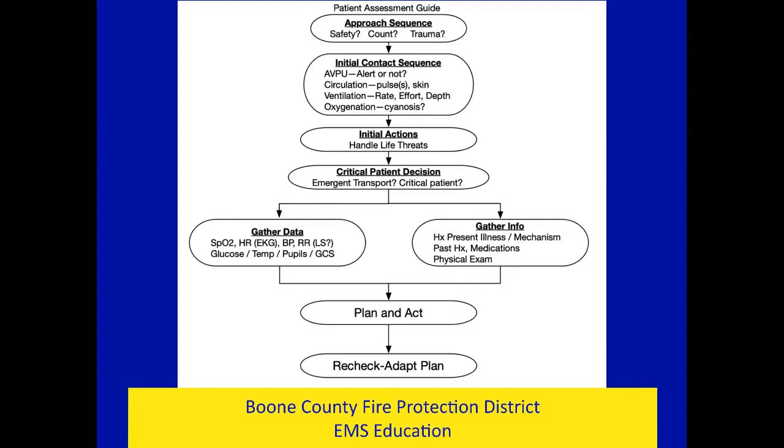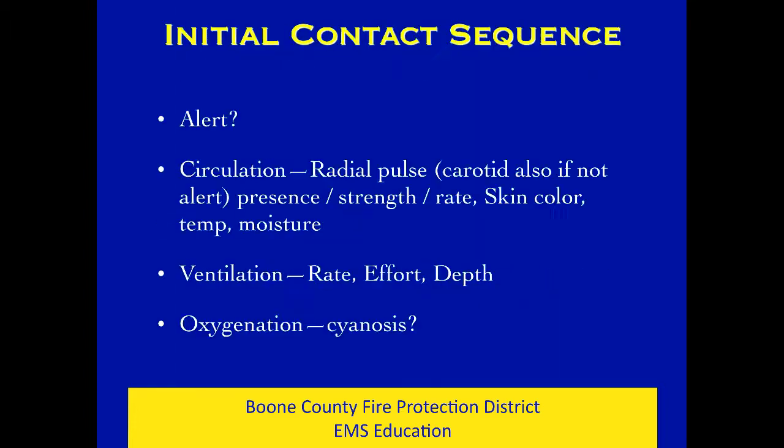And then we're going to do 2 things at the same time. We're going to gather data and gather info, or gather info and gather data. And so when you put something like this on paper in a 2-dimensional sort of flow chart, you're kind of trapped into some things. We want you to realize that we're gathering data and we're gathering info, and those 2 things can happen at the same time.